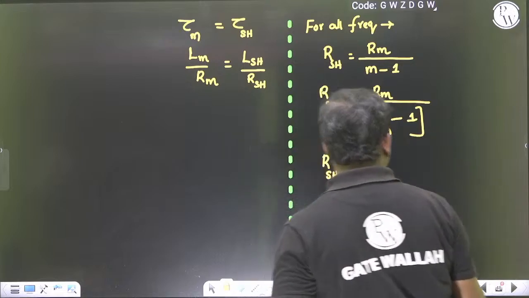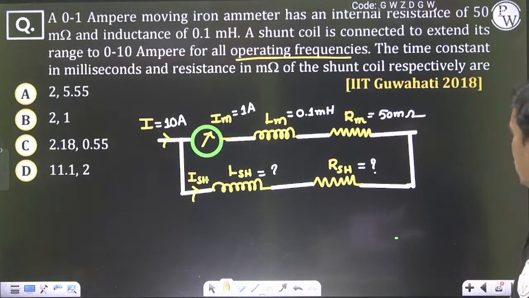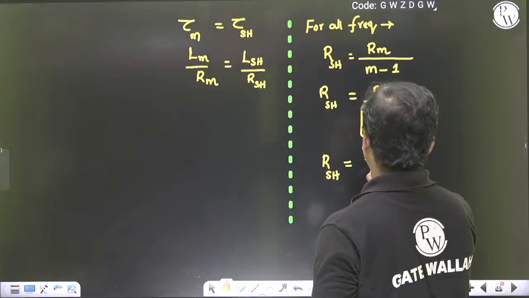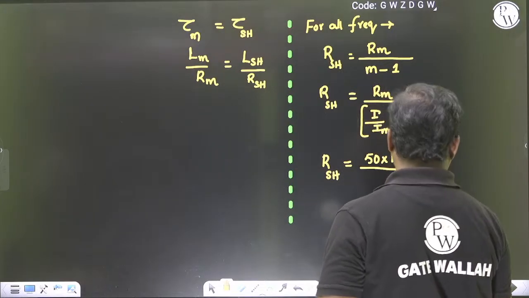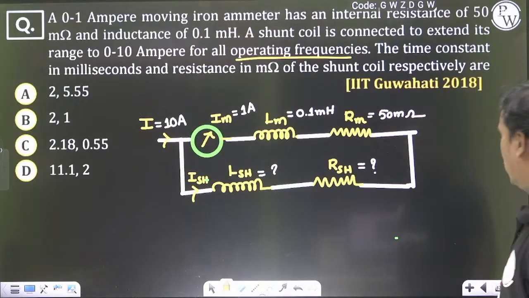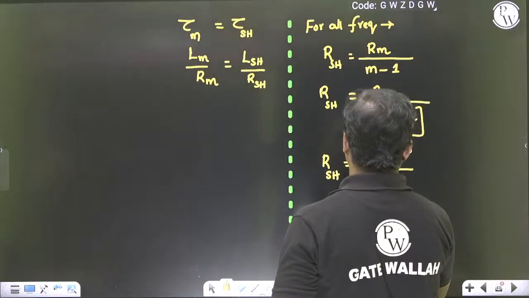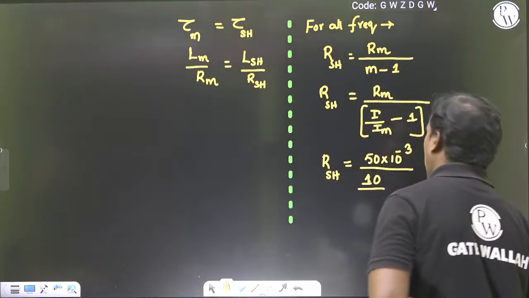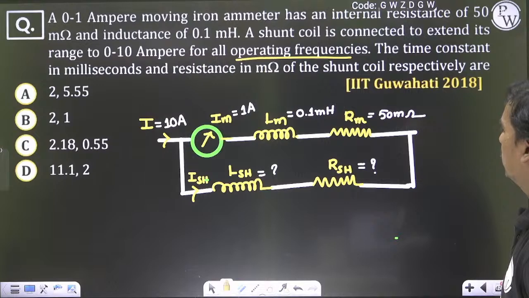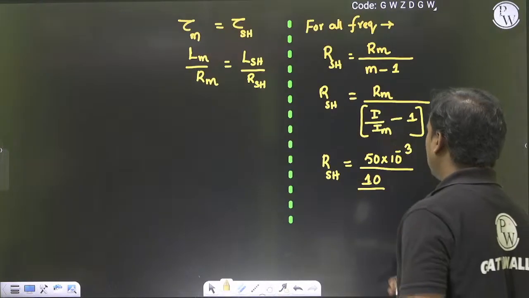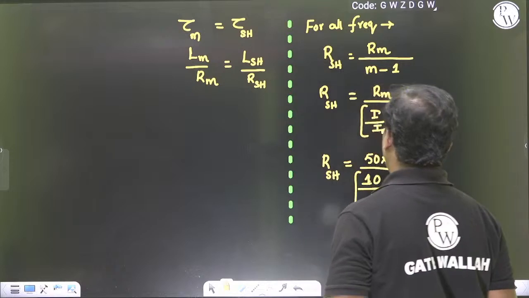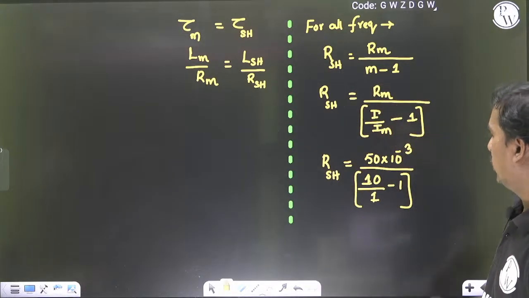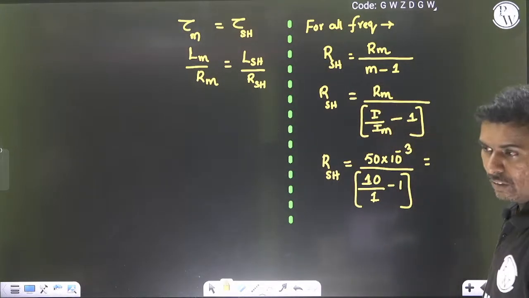What is the meter resistance? The meter resistance is 50 milliohms. So this is 50 into 10 power minus 3, and the capital I, that is 10 amperes, by Im. What is Im? It is 1 ampere, minus 1. So 50 by 9, approximately how much?